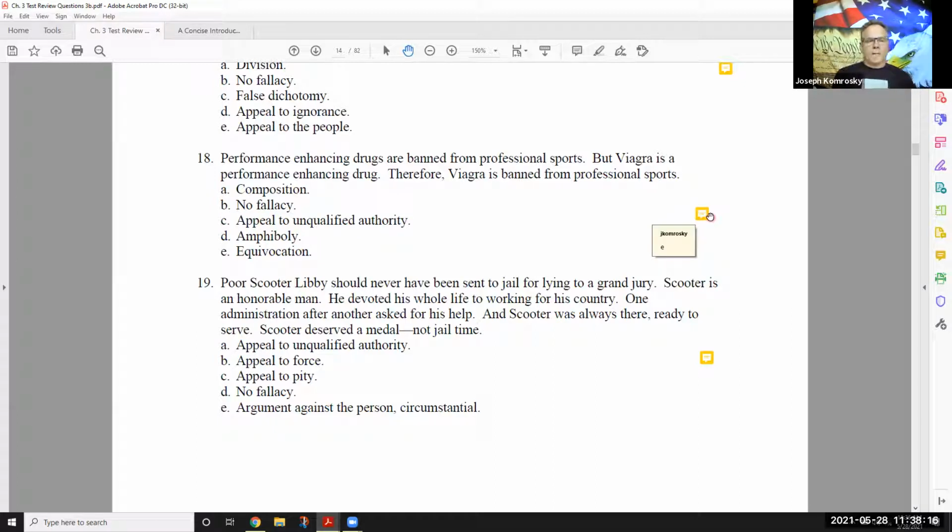There's two ways that Viagra is being talked about here: one in a sports related way and another in a sex related way. If you give a sex related meaning and then apply it to the sports related way, there's a fallacy. There are at least two possibilities here. It's not clear which one you mean, and you're equivocating and going back and forth.